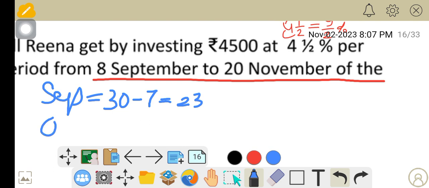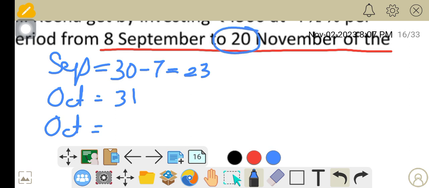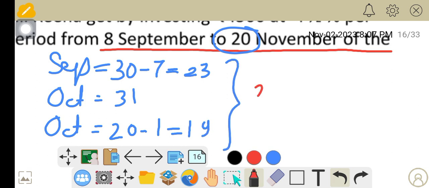In the month of October we have total 31 days, but in the month of November we have only 20 November, out of which 20th date is not considered, so 20 minus 1, it is 19. So overall we have 23 plus 31 plus 19, so we have total 73 days.